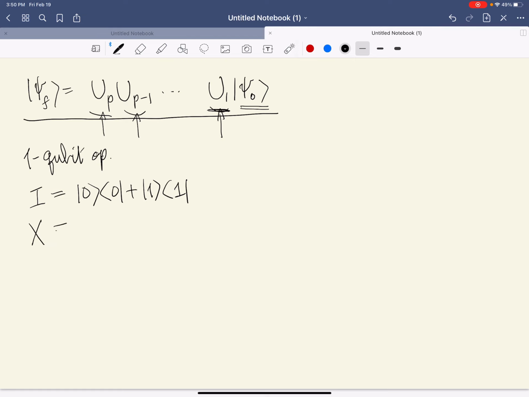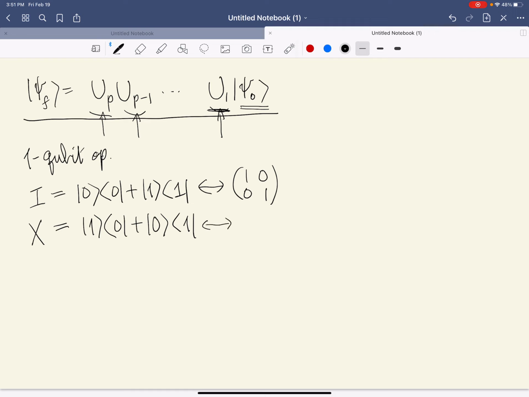But there have to be, of course, more interesting kinds of operations, such as this X operation. So this do-nothing operation has the matrix representation, which is, of course, the 2 by 2 unit matrix.